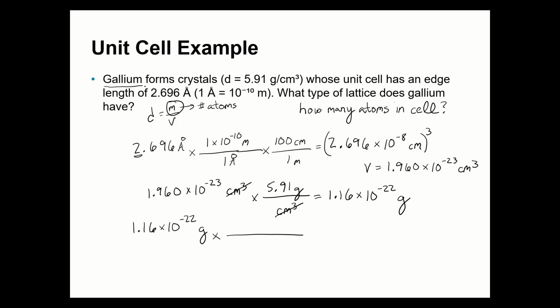And we've got gallium. So gallium on the periodic table is 69.72 grams per 1 mole. Grams cancel. And then Avogadro's number, we're going to multiply by it this time, 6.022 times 10 to the 23rd, and that is atoms per mole.